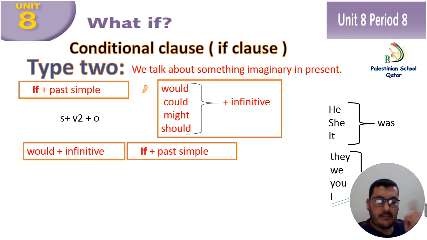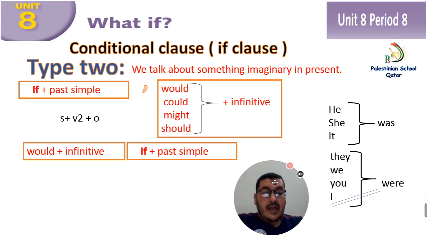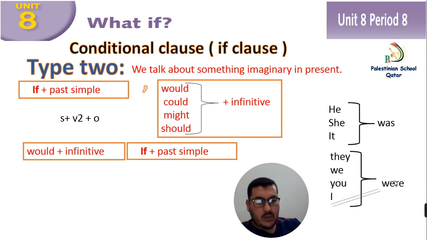And keep in your mind, everybody, when we have he, she, it, in the past we take was, while they, we, you take were. And I want two lines under I and were, because generally in any other tense I can say I was, always I was, but in type 2 the I takes were, because it's something unreal.